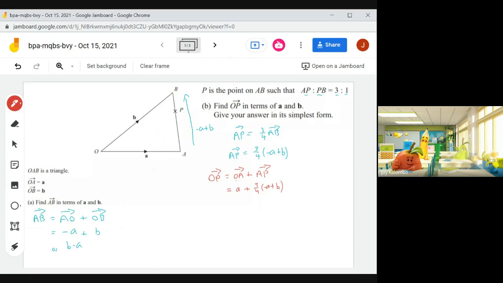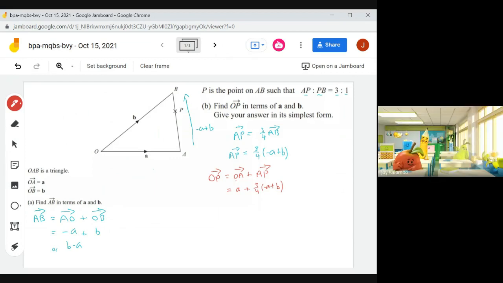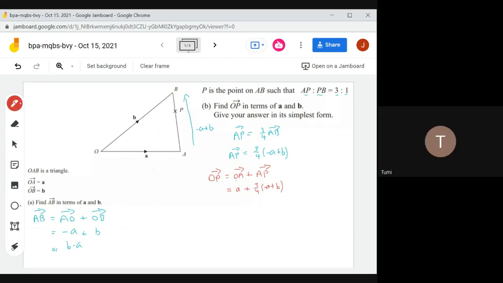Yes, and then you would simplify that by combining the A's. So it'll just be 1, 3. Wait, would that be 1/4? Yeah. So 1/4 A plus 3/4 B.